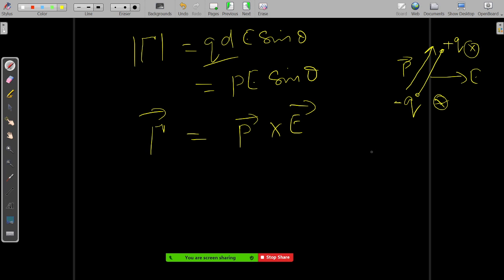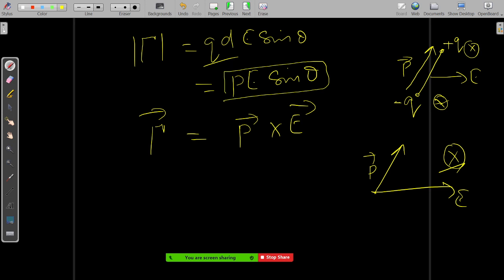We saw that the dipole moment is in the direction from negative to positive charge. So this is your direction of P and this is your direction of E. So you do P cross E, and P cross E also comes in the same direction.